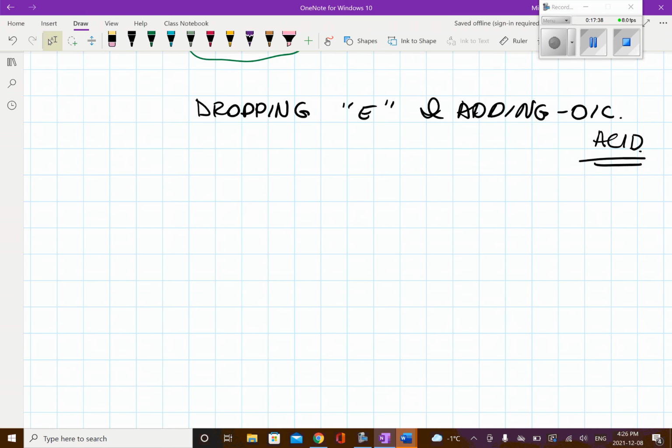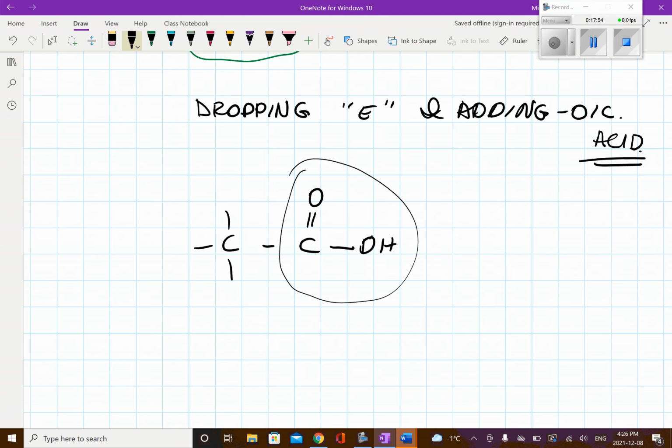So if we have, let's say, two carbons, and then here we have the carboxyl group, the functional group, then we'll number it starting with the functional group, which is always at the end.